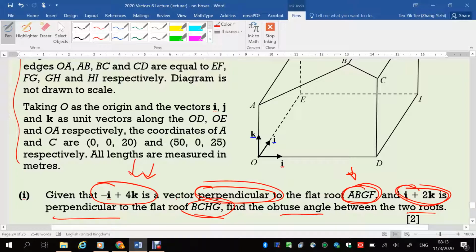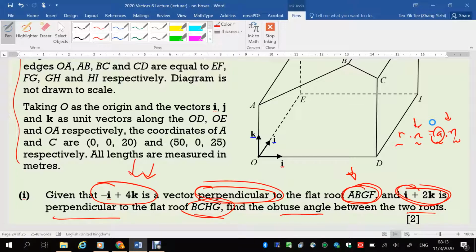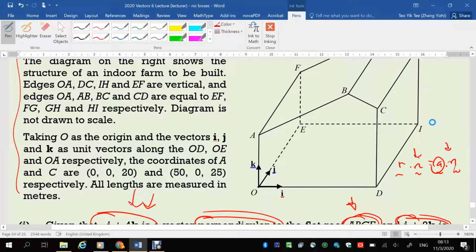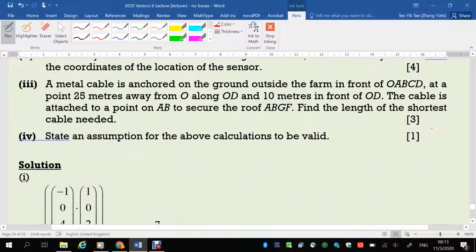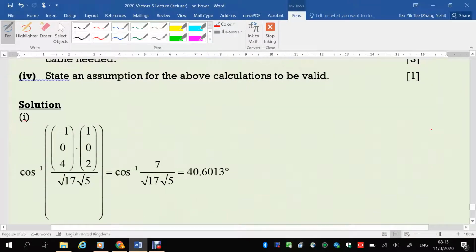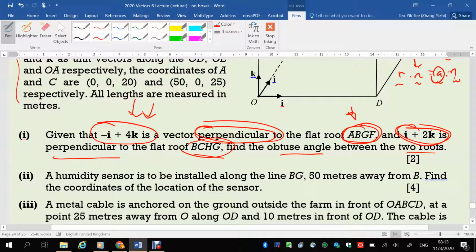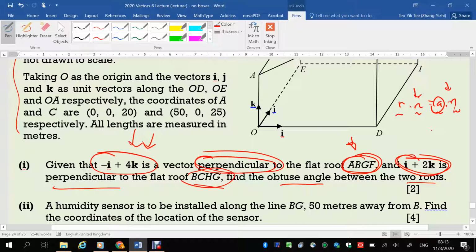You already have the normal vector, so r dot n is equal to a dot n. The n is settled. What you need is a point on the roof ABGF and a point on the roof BCHG. Are you able to read off the position vectors of OA and OB, or whichever points are necessary? That will be roughly the context to this question.